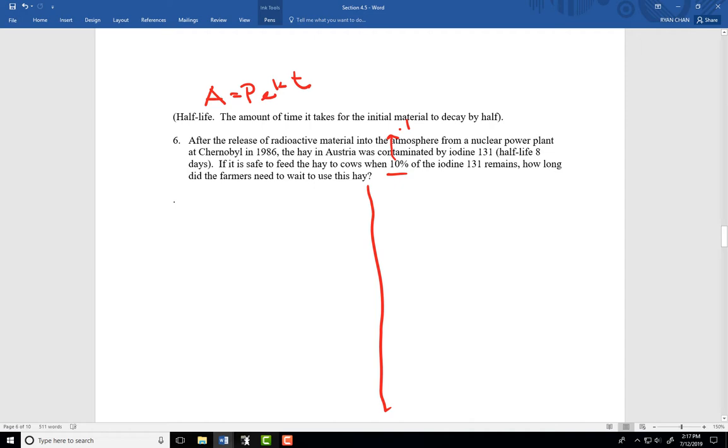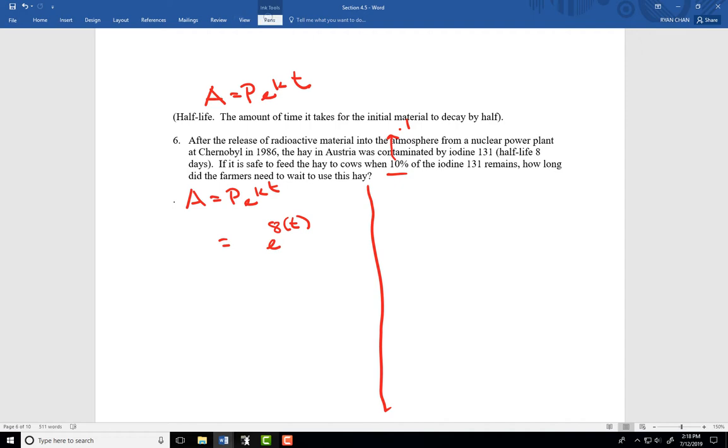So this is going to be A is equal to P e to the kt. So I do know my k is 8, and my t is going to be t here. Or sorry, I actually don't know. Whoops, sorry.